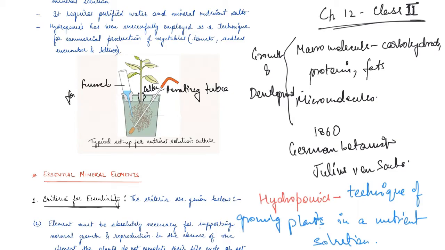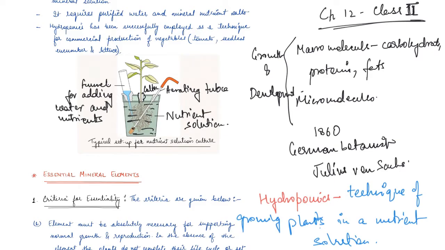Now this funnel is used for adding water and nutrients. So basically, this tank is completely filled with nutrient solution. So this is how we make up a nutrient solution culture.